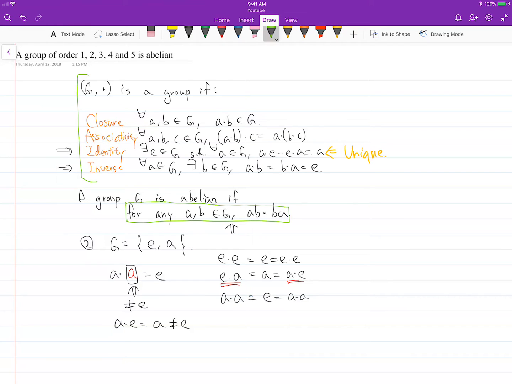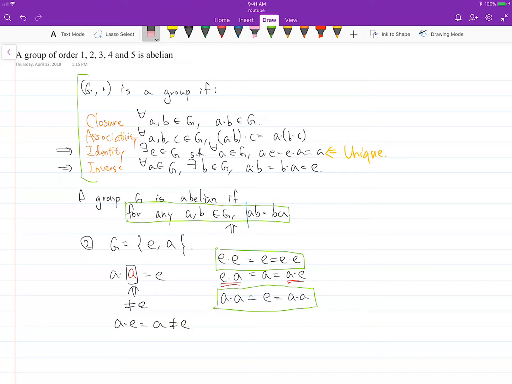I know that these 2 lines look a little dumb, as in you have E times E equals E times E. But if you see this definition, you pick a pair of elements. If you have 2 elements, they could be the same, then you can reverse the order.